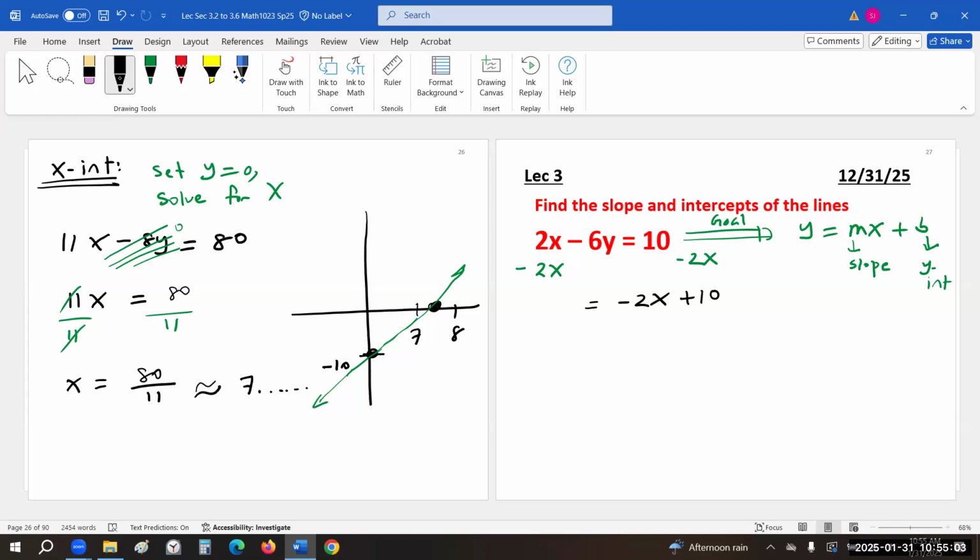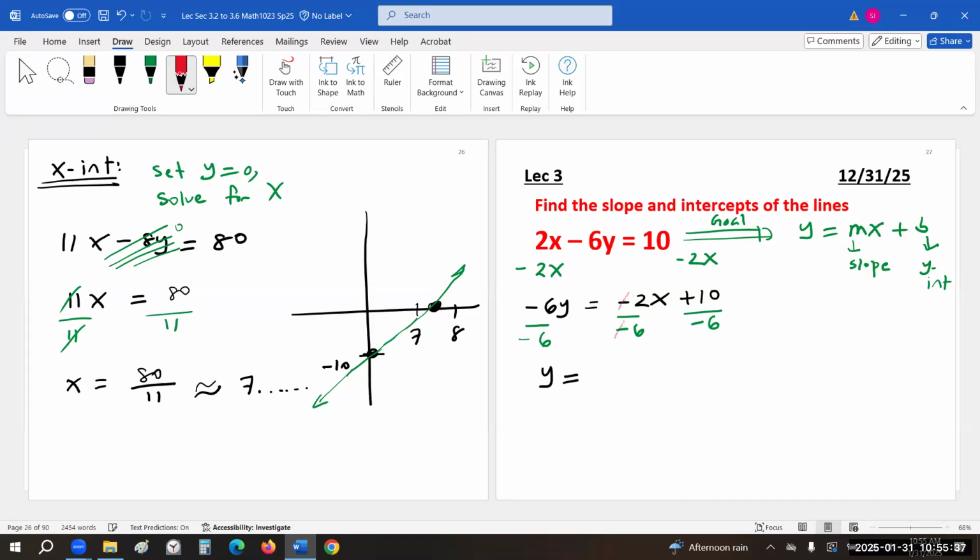And what is left on the left side after subtracting 2x? Negative 6y. Common mistake, people say 6y, they forget it's a negative, not positive. And now what do you do to get the y alone? Divide. So we divide individually because we want to see all the numbers separately. So we get y equals, what happens to the double negative?